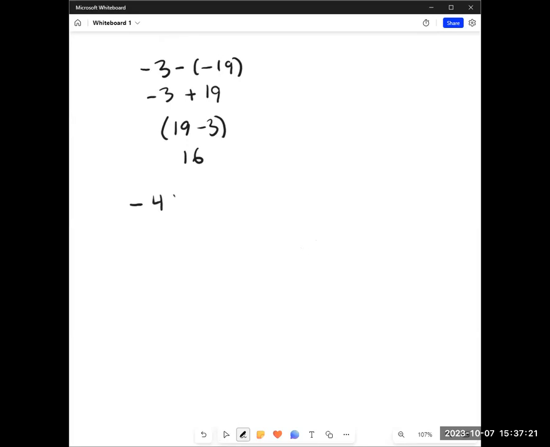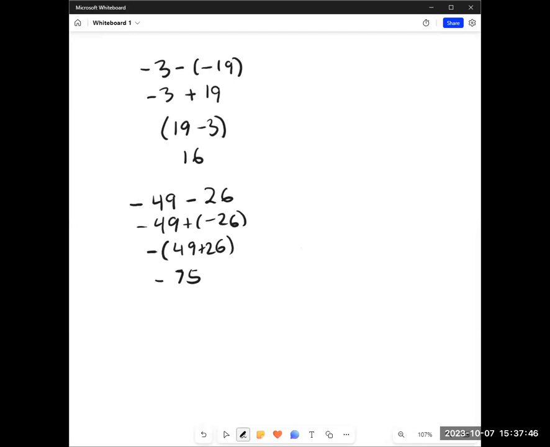I have negative 49 minus 26. Going to change to addition of the opposite, and we're going to keep the same sign that we have and add their absolute values. That's going to give me a negative 75.